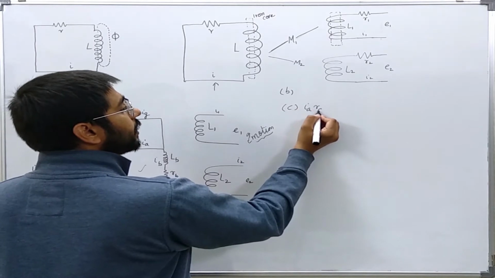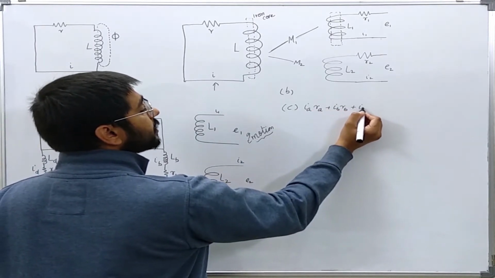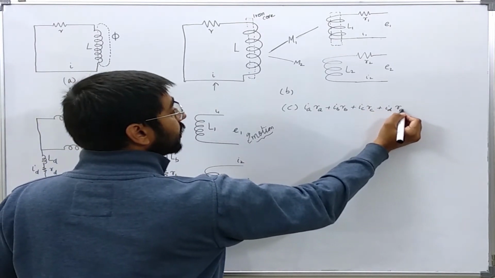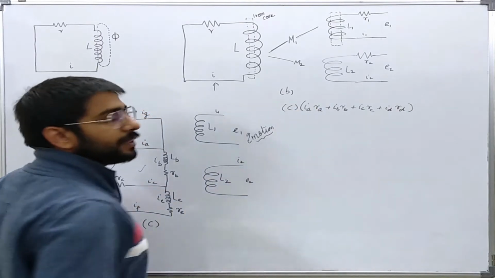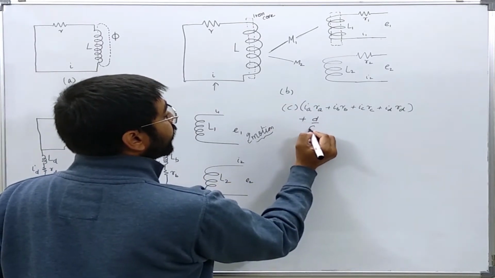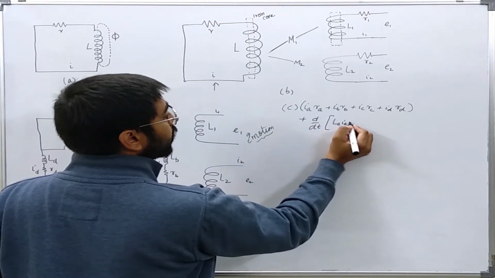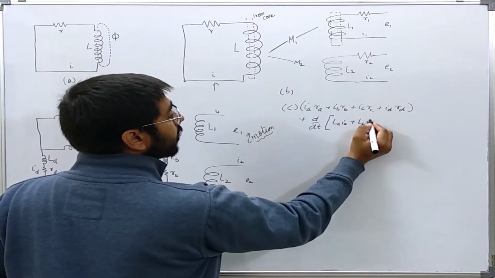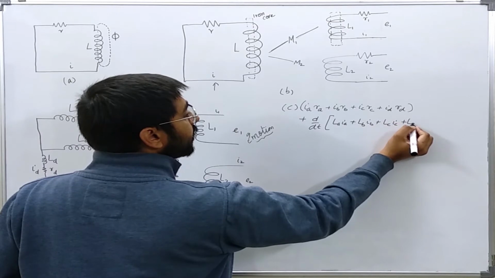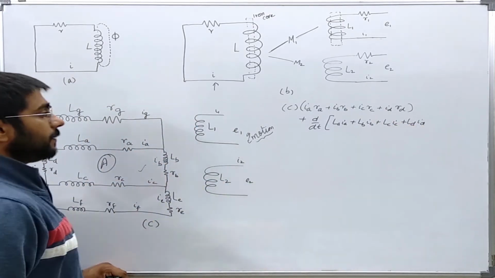IA RA plus IB RB plus IC RC plus ID RD. This is the drop in the resistances, plus d by dt of LA IA, LB IB, LC IC plus LD ID. So these are the self terms.